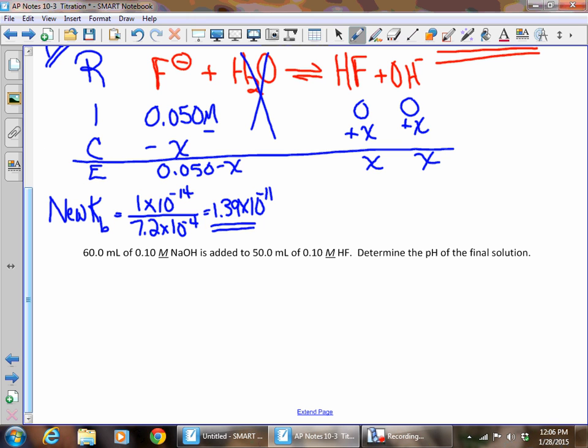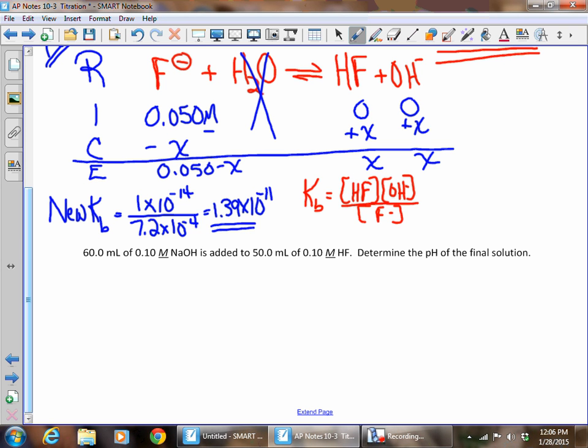And now we can set up our equilibrium expression. Kb is going to be equal to HF times OH minus over F minus.